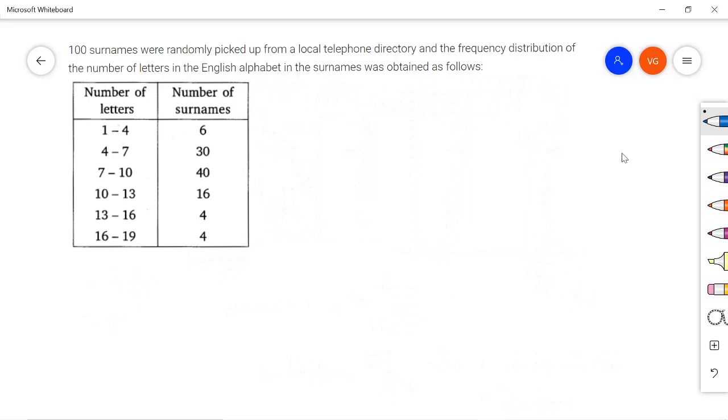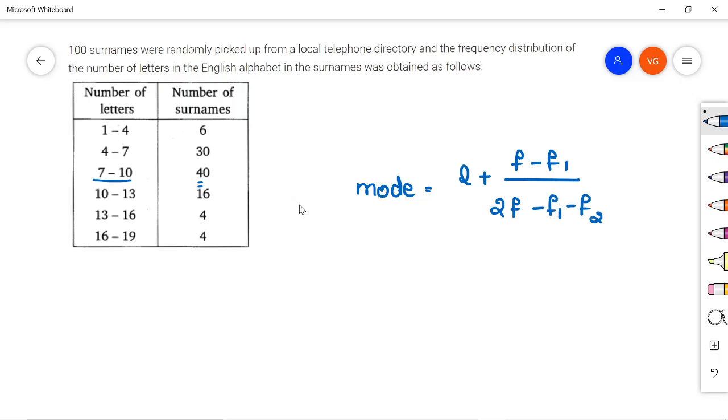So this is your mean number of letters in the surnames. Next is mode. To calculate mode, just observe in the given data the highest frequency you are getting at 40. So this is the corresponding modal class. 7 to 10 is the corresponding modal class. So the formula for mode here is L plus f minus f1 divided by 2f minus f1 minus f2 into h.